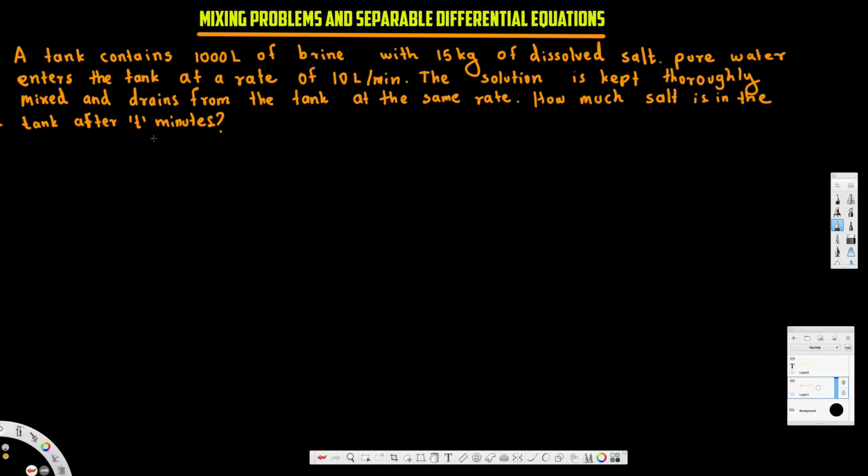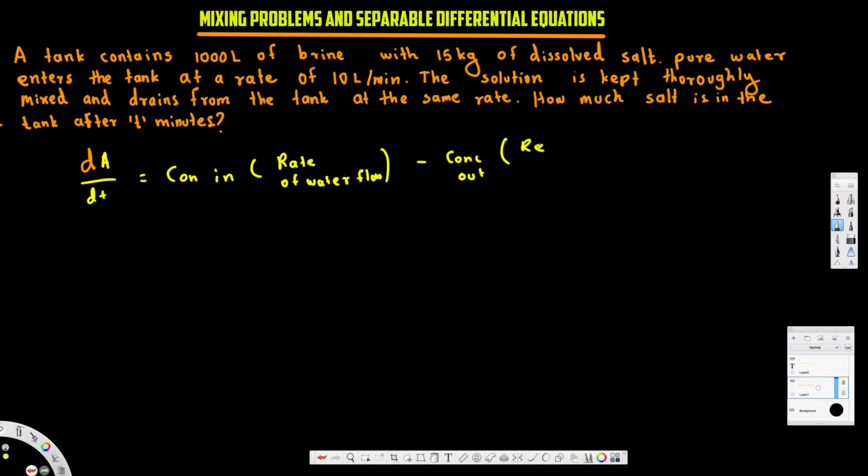Okay, so first of all we have to know what equation we are going to use. When we are dealing with this kind of mixing problem, the generic equation we usually use is this one: dA/dt is equal to concentration in multiplied by rate of water flow in, minus concentration out multiplied by rate of water exiting.